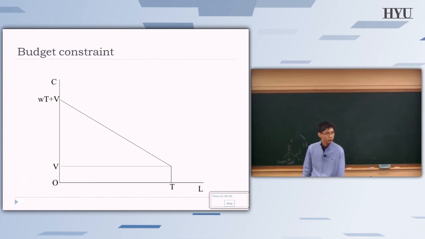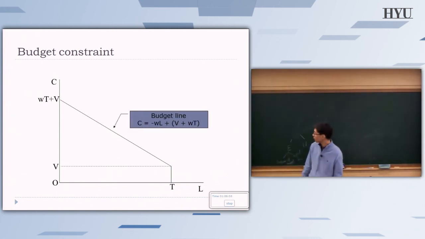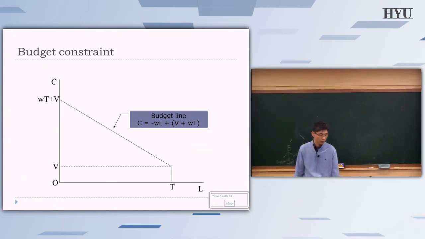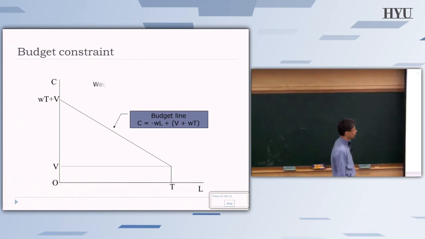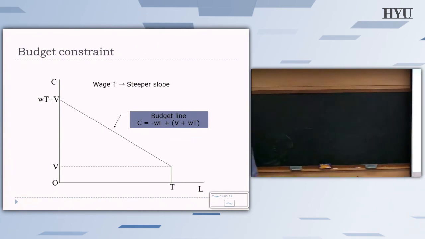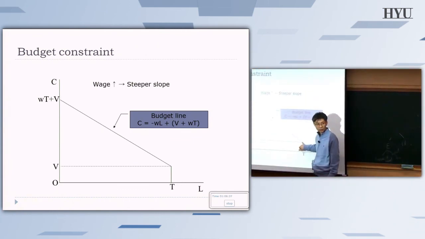The slope is determined by W. The equation of the budget line is C equals minus WL plus WT plus V. If the wage is higher, obviously the slope is going to be steeper. This point wouldn't change, because this point is fixed. So when the wage goes up, the whole thing becomes steeper.